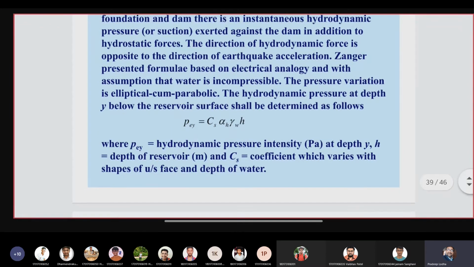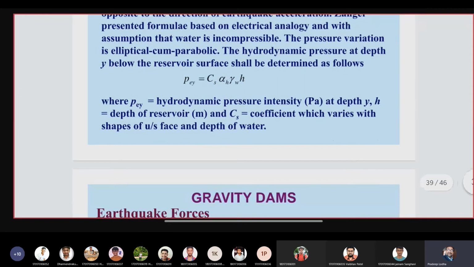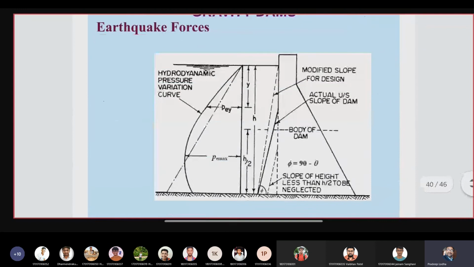This equation gives the pressure intensity, not the total pressure. Now I am showing you the geometric variation of PEY. This is how Zanger has done it. It is half parabolic and one-quarter elliptical. In the top portion you can see the variation is curved, not triangular.